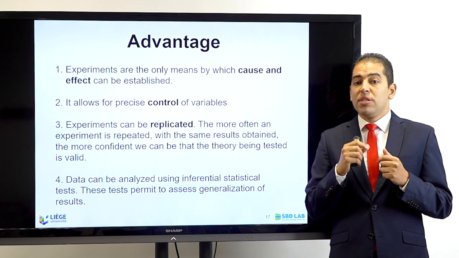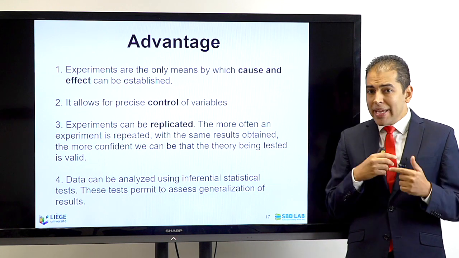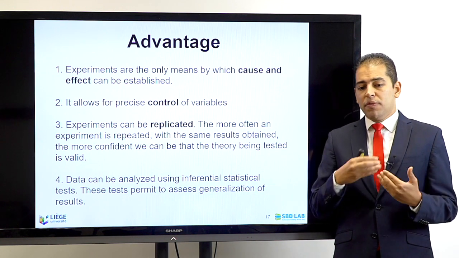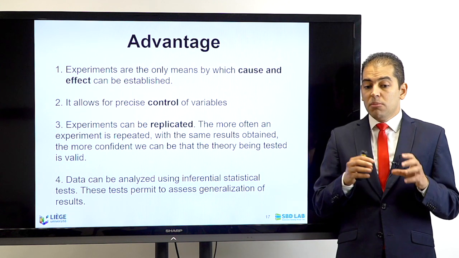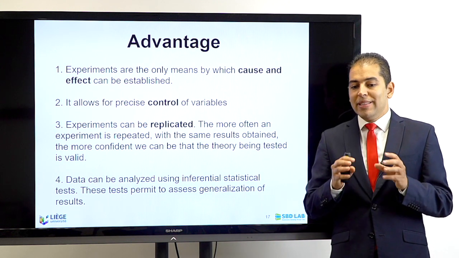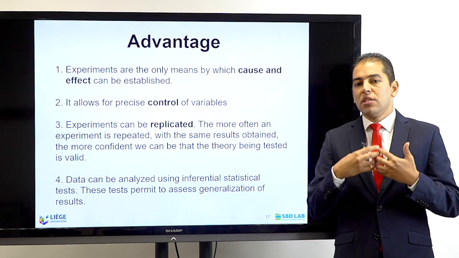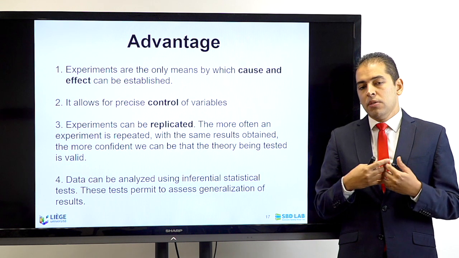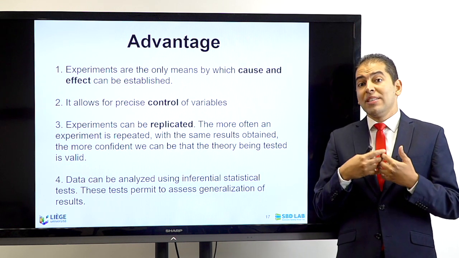Also, it allows for precise control of variables, and experiments can be replicated. So the more often an experiment is repeated with the same results obtained, the more confident we can be that the theory being tested is valid. So this is one of the highest approaches with accuracy and robustness regarding the result and the confidence.